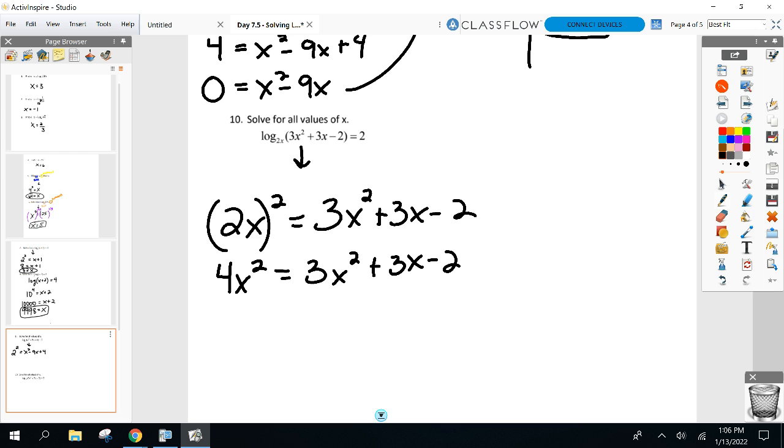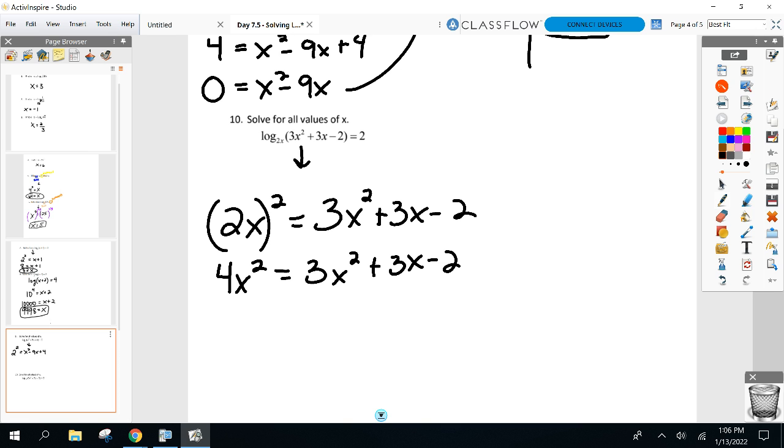Okay, now we should be in a comfort zone here. What do you want me to do? Set it equal to 0. And I know everyone's looking at it. Isn't it so convenient just to move the 4x squared over? Right? But what's going to happen when I do? It's going to be negative x squared, and we hate that. I don't want to deal with the negative x squared.